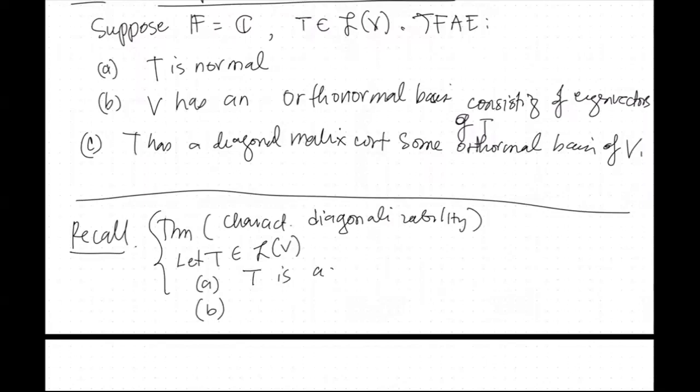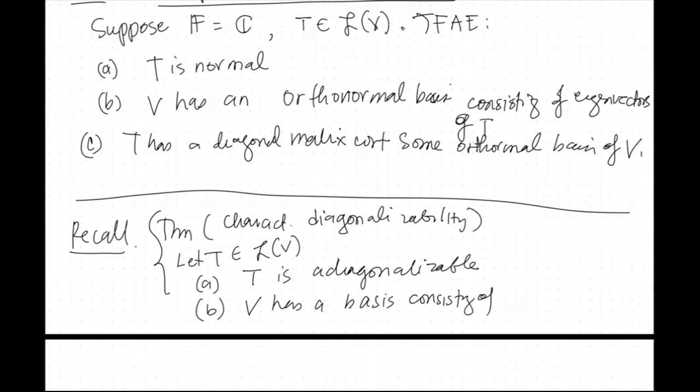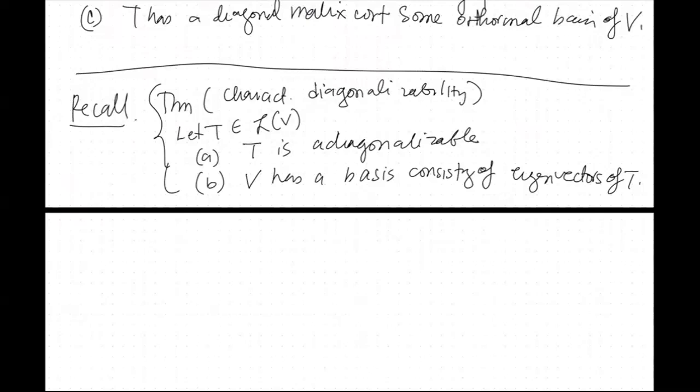T is diagonalizable, and the second is V has a basis consisting of eigenvectors of T. So this is our previous result, and now we are ready to prove this theorem.